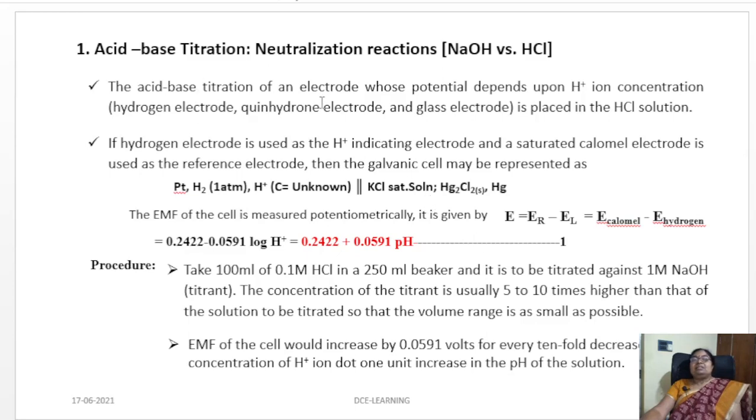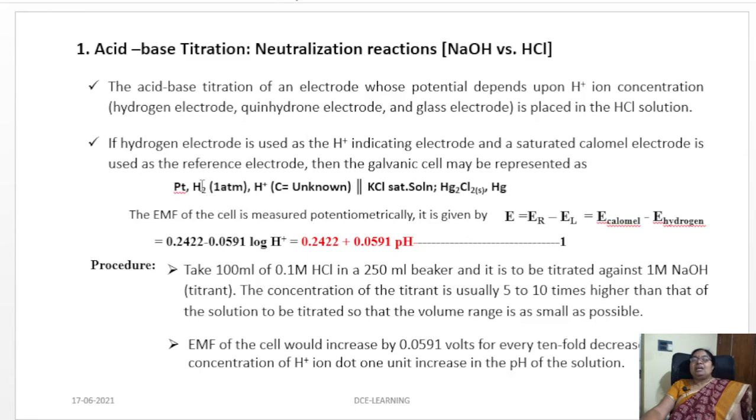In the acid-base titration, we need an electrode whose potential depends on the H plus ion concentration. For that, we are going to use a hydrogen electrode, or a glass electrode, as an indicator electrode placed in the HCl solution.